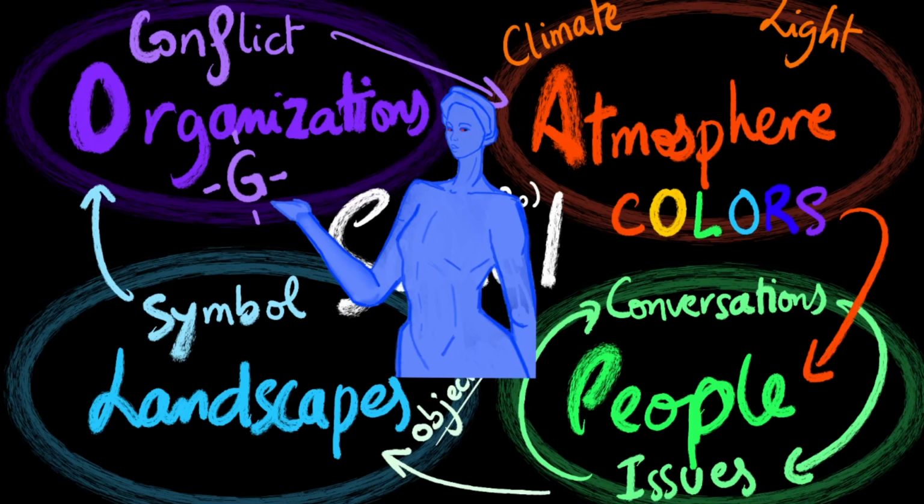Then a symbol. You can make use of the landscape or the landmark in which the organization is found to create a symbol. For example, your organization may be located in a castle. The castle itself may be located on an island. And the island adds the story of being placed in the middle of a lake, for example, or a short sea.